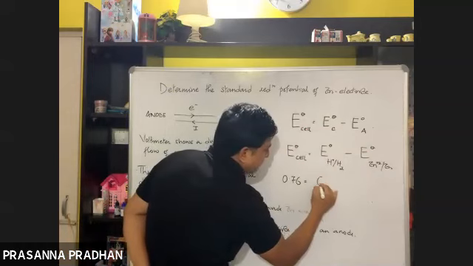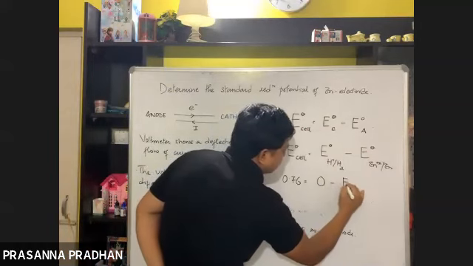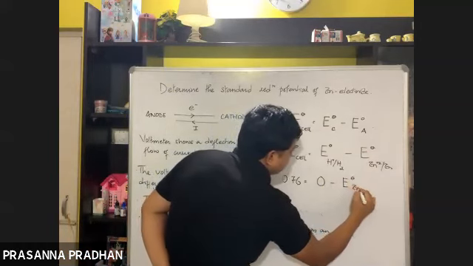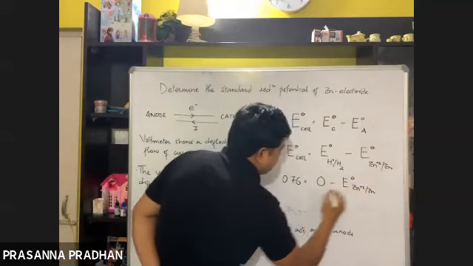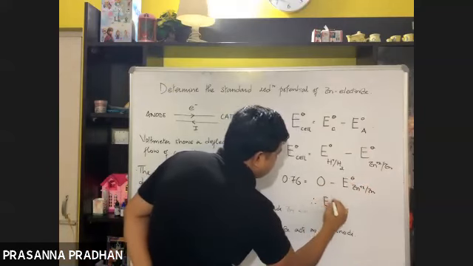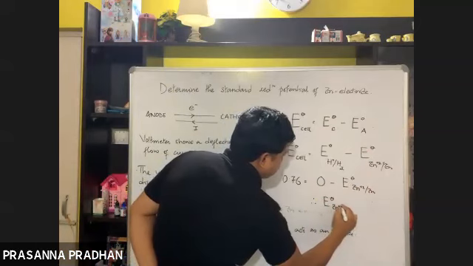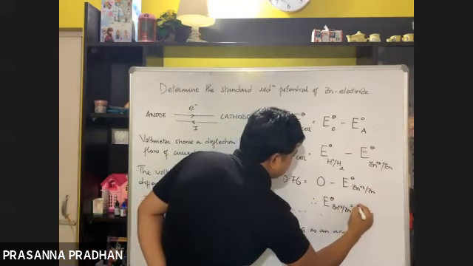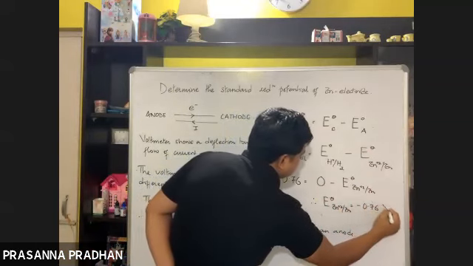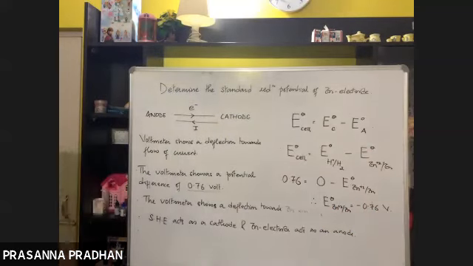It's 0, minus E naught of zinc. Therefore, the standard reduction potential value of zinc electrode is found to be minus 0.76 volt. Got it? So these are a few things which you should remember.